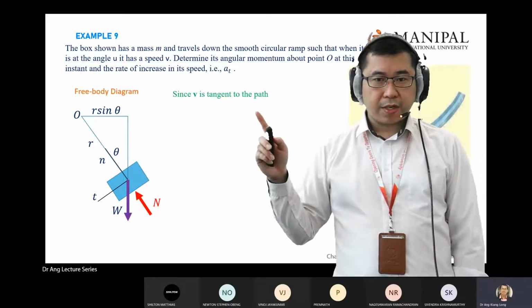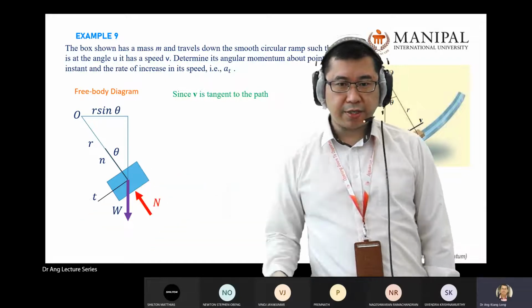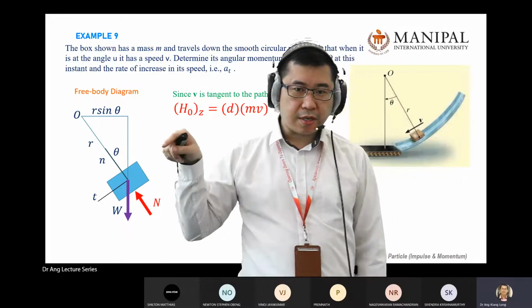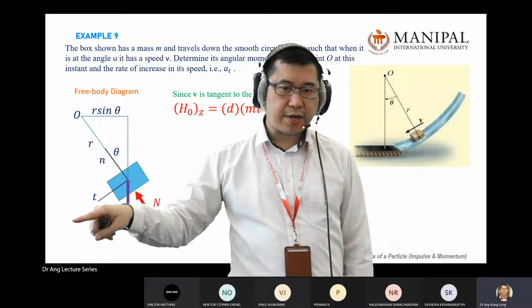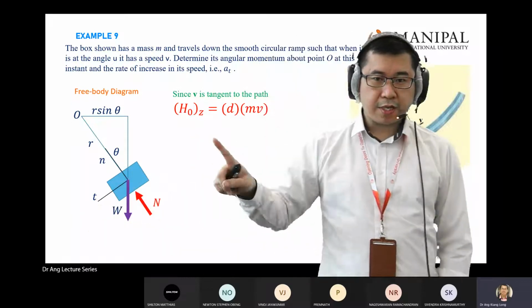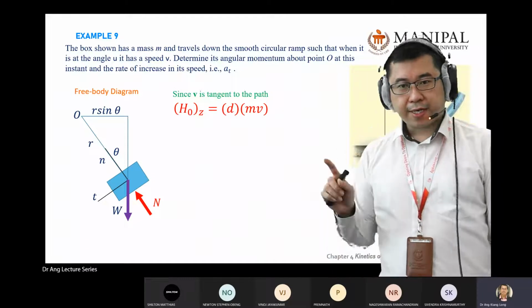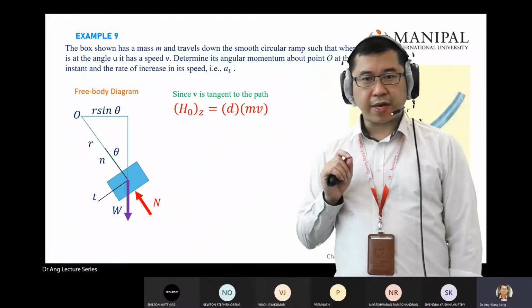So the velocity v is along the tangent. Since the velocity is along the tangent axis direction, we can use the scalar approach. Again, scalar only tells you the magnitude of your angular momentum.